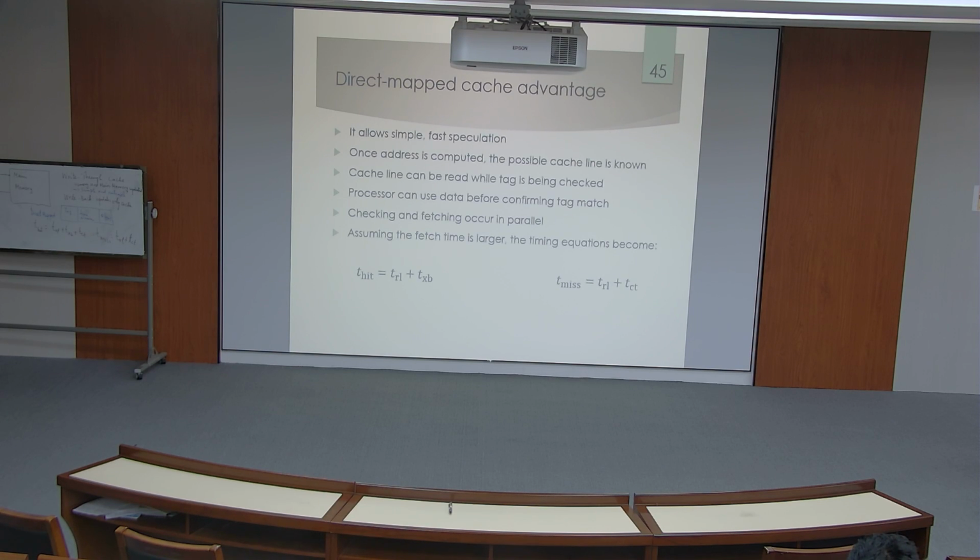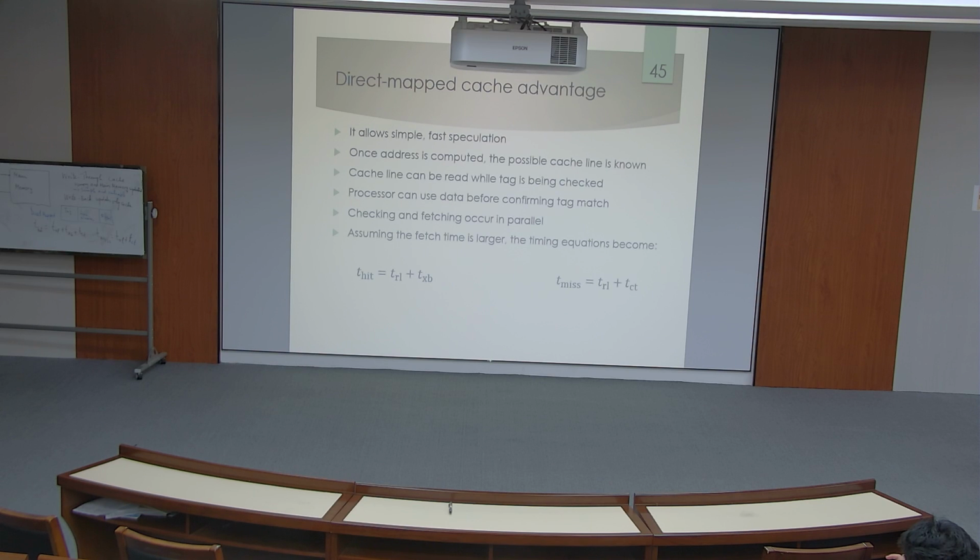So there is a high probability for the processor to use the data before the system confirms the tag match. Checking and fetching can be done in parallel, at the same time.